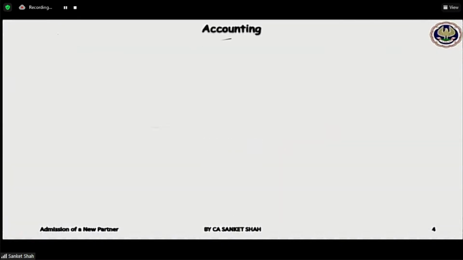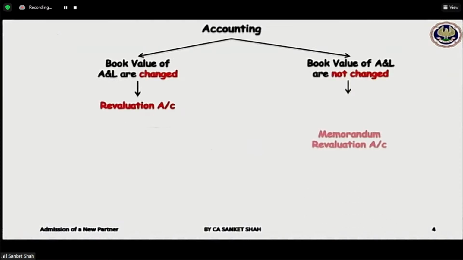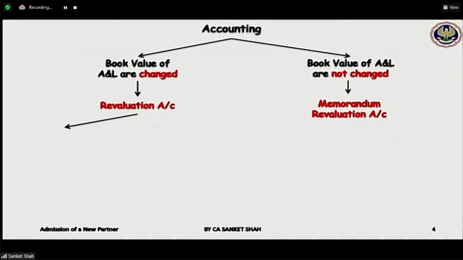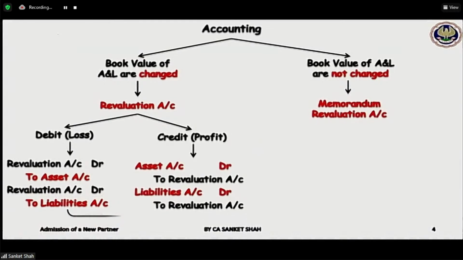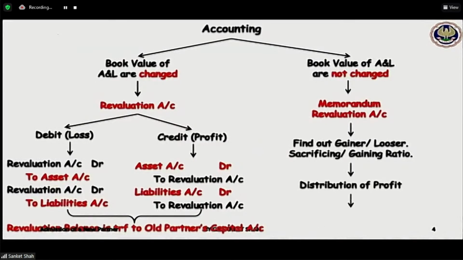The book values are changed, revaluation. Book values are not changed, then better see when there is a loss, if asset is decreasing, liabilities are increasing. When there is a profit, asset is increasing, liability is decreasing. And it is transferred to old ratio.